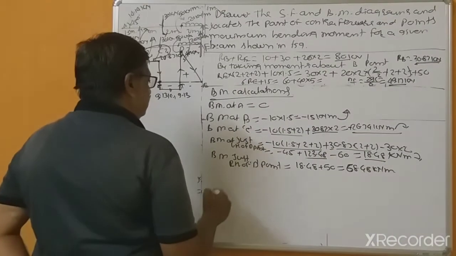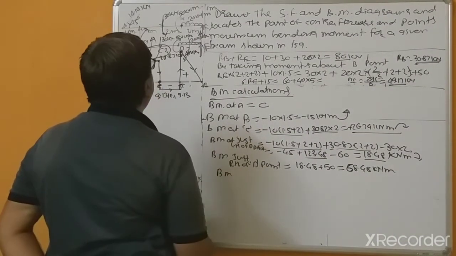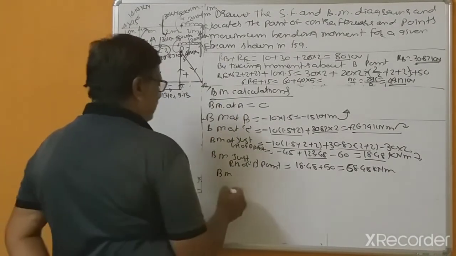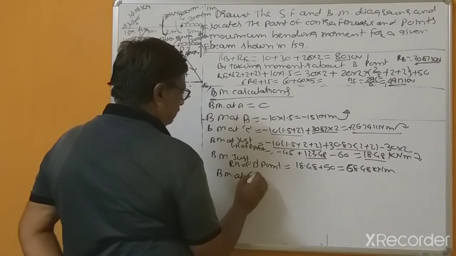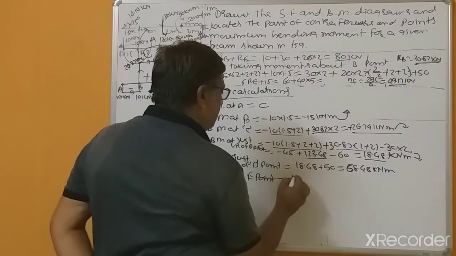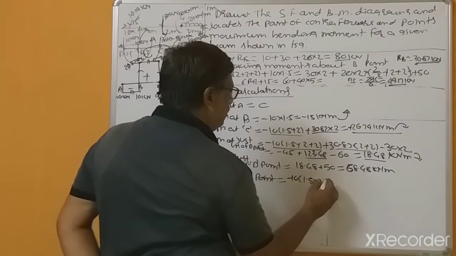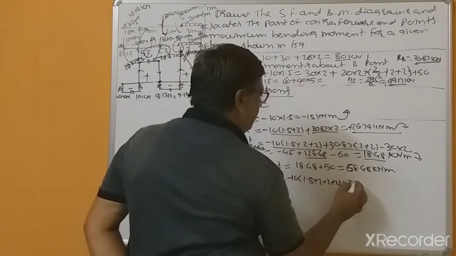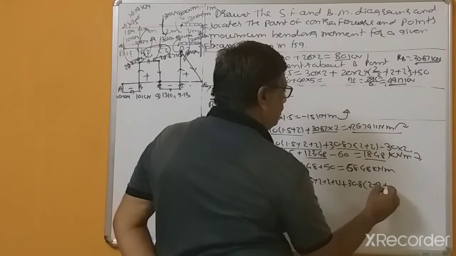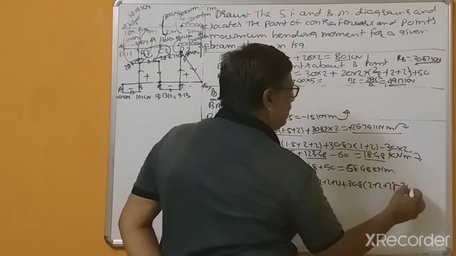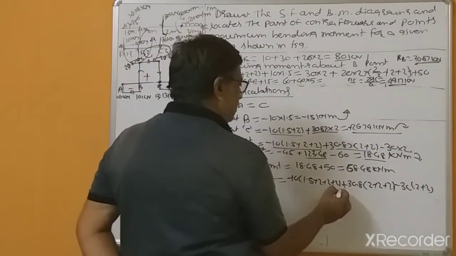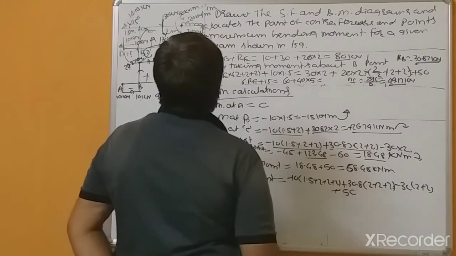Next, bending moment now at E point. Now you have to increase this distance: minus 10, 1.5, 2 plus 2 plus 2, plus 30.8, 2 plus 2 plus 2, minus 30 into 2 plus 2, and this moment plus 50.